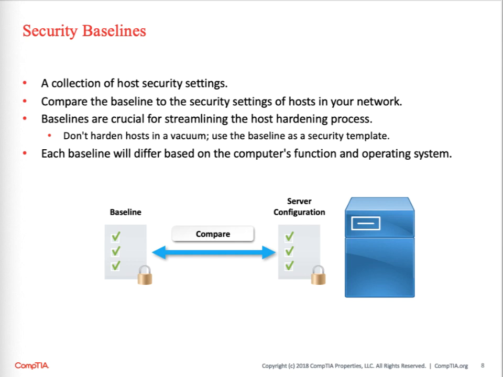Because each baseline configuration is going to be particular to the different type of system that we're using, we're going to have separate baselines set up for our workstations, our file or print servers, maybe even our domain name server, applications, directories, all different types of systems. So we're going to have different baselines for all of these systems as well, depending on what type of operating system we're actually using.